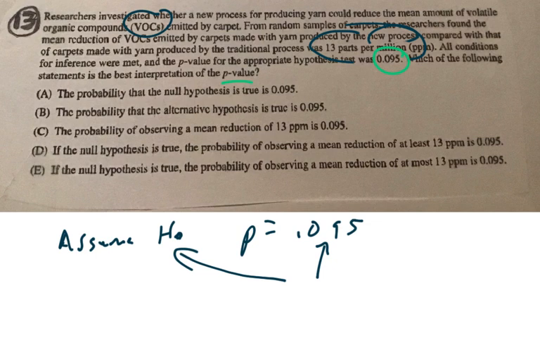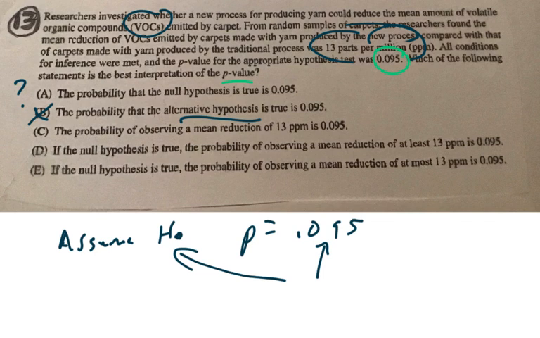Okay, so A looks like a very tempting answer. It's a very good answer, actually. Notice on B, they're trying to trick you. The alternative is what we're trying to indirectly prove. That one technically would be almost 90% chance of happening because we'll do the complement of that, right?